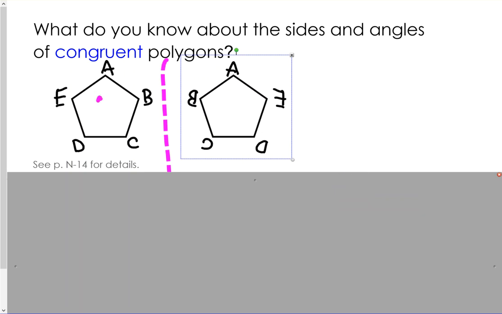In our original image, the vertices go in a clockwise direction: A, B, C, D, and E. My mistake, this should be labeled A. Our transformed image or reflected image would be labeled A prime. You will notice that the vertices go in the opposite order, counterclockwise direction: A, B, C, D, and E.